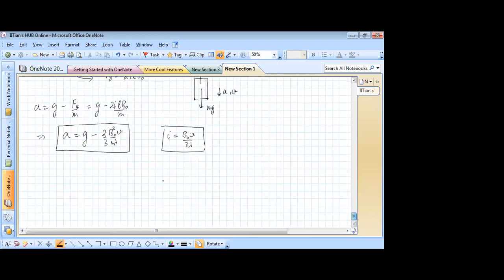And then you can easily see the terminal velocity condition. Acceleration will be 0 at v equal to terminal velocity. So terminal velocity will just become 3 by 2 times mg lambda by B0 squared.